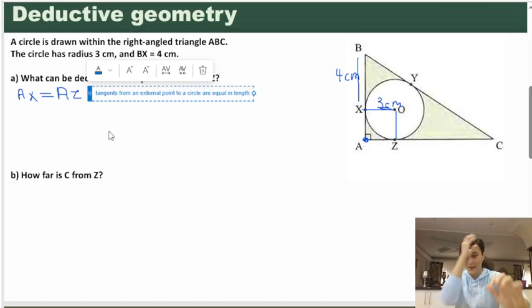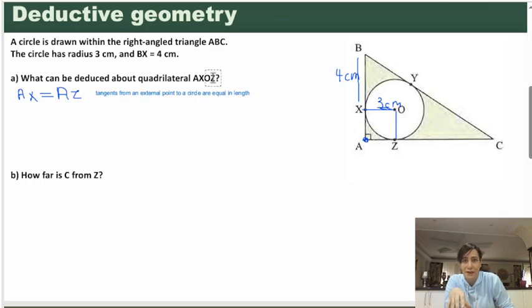And for one step, I am going to show it or prove it, because we don't know what quadrilateral we have here.